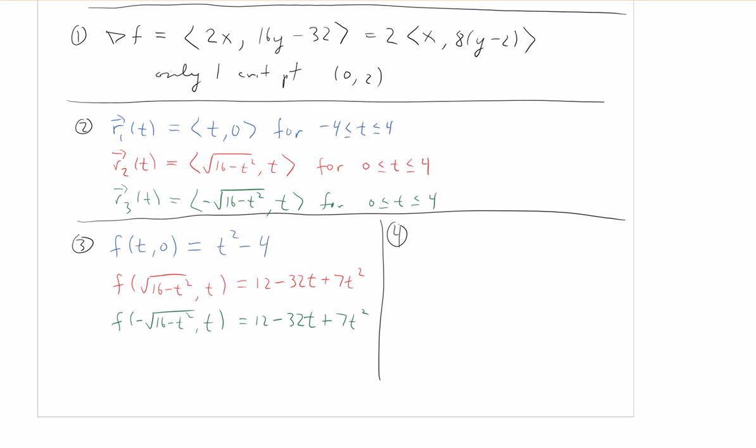So, for the first one, if we take the derivative of this, we just get 2t. So we get one critical point at t equals 0, which corresponds to the point 0, 0.